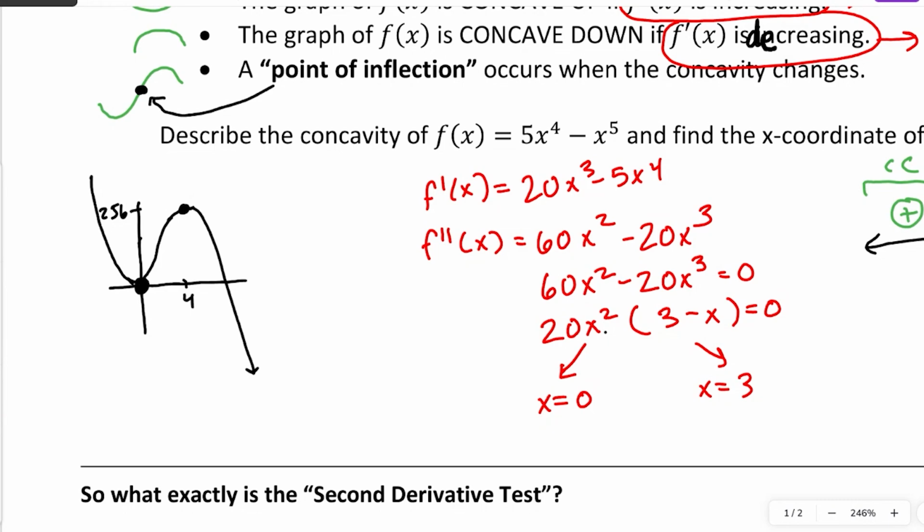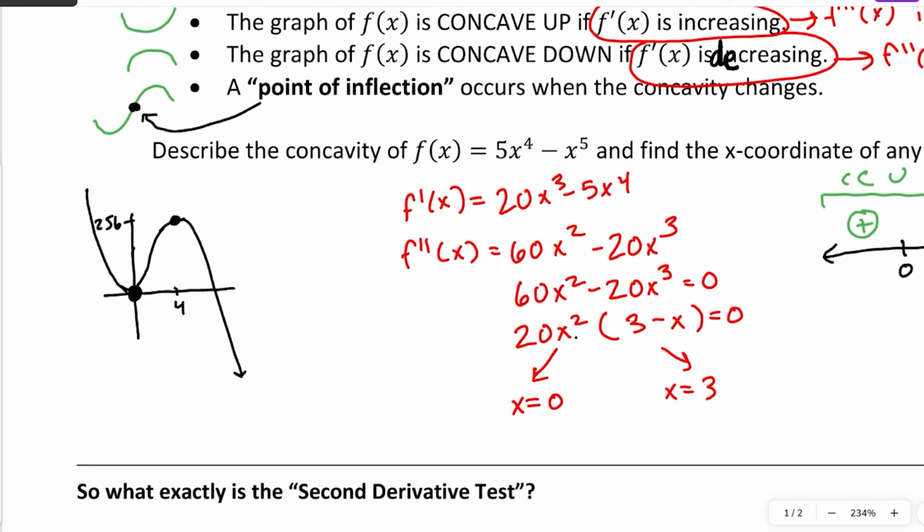Now, you might be wondering, okay, I was able to sketch that out just with the stuff from the first derivative test. But what the second derivative test tells you, or what it will tell us eventually, is where are our intervals of concavity? In other words, where exactly between 0 and 4 does our second derivative change sign?